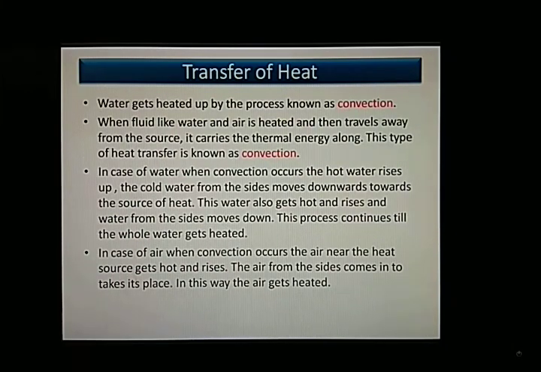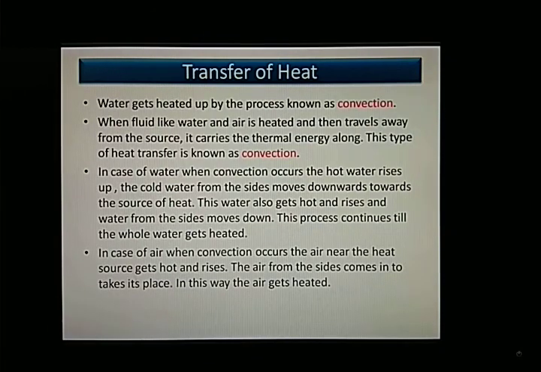Why does this happen? Because during convection of air, the air just above the heat source gets heated up quickly. Then, same as in the case of water, as soon as it gets heated up, it rises, and the surrounding air comes in its place.